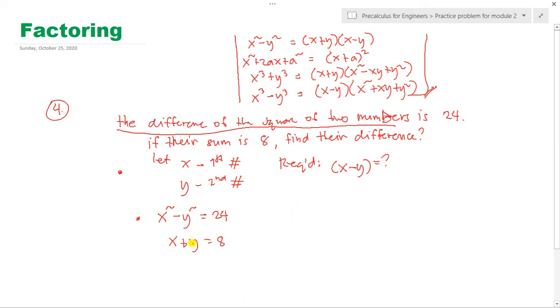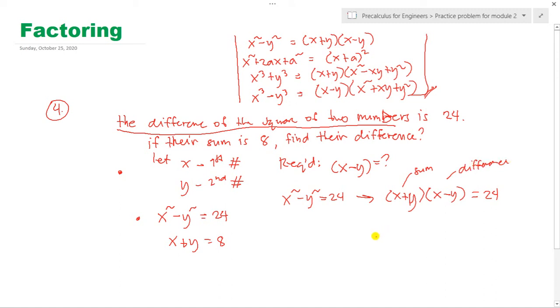Actually, you can use substitution because we have here two equations and two unknowns, but class, to make life easier, this is just the application of factoring. Why? Because we can factor this equation, x squared minus y squared equals 24. In what way, sir? This is the same as x plus y times x minus y, which is equal to 24. As you've noticed, this is their sum, and this is their difference of the two numbers.